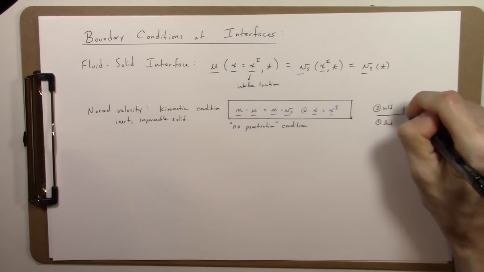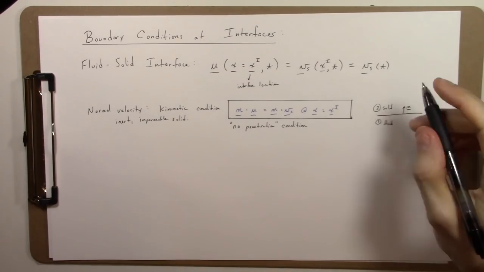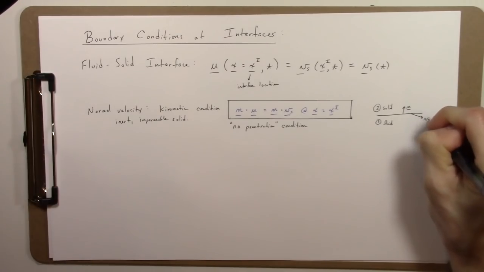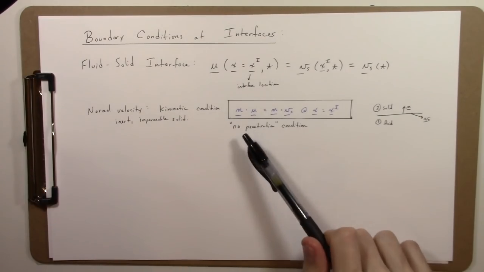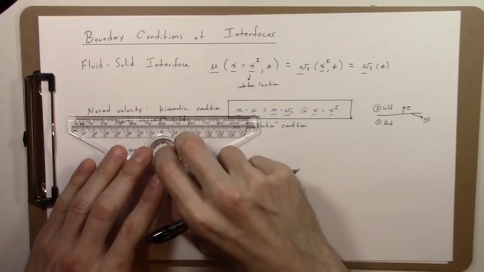We can define the normal vector n, and this tells us the normal components at the interface must be equal. Here vs is the solid velocity at the interface. So n dot vs must be n dot u. That's known as the no penetration condition. That should be memorized, both the name and the mathematical statement. So that's the normal velocity.